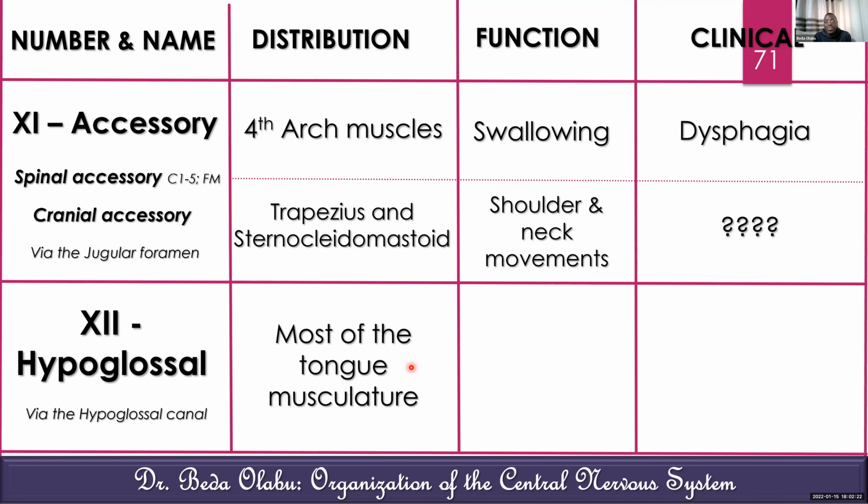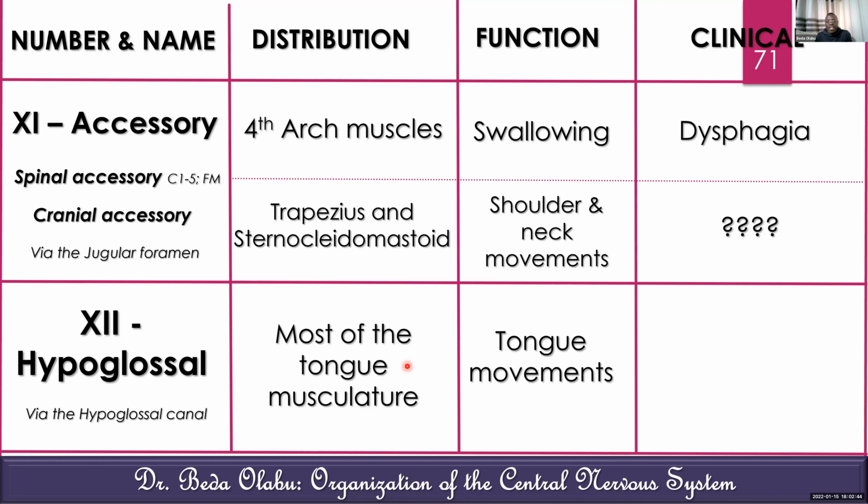We call it palatoglossus. It's a muscle of the fourth pharyngeal arch. But the rest of the muscles of the tongue, whether extrinsic, which means coming from outside to attach to the tongue, or intrinsic, which means limited to the tongue, the rest are all supplied by the hypoglossal nerve.